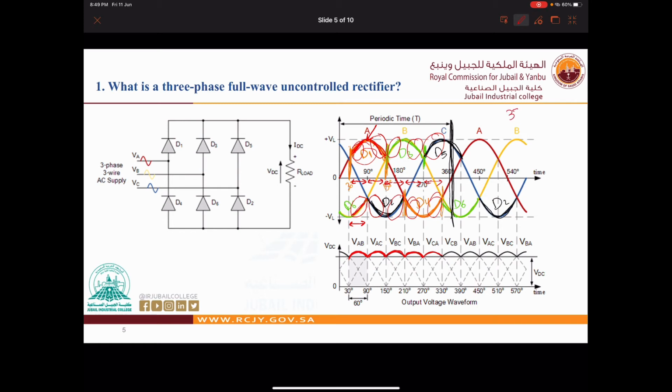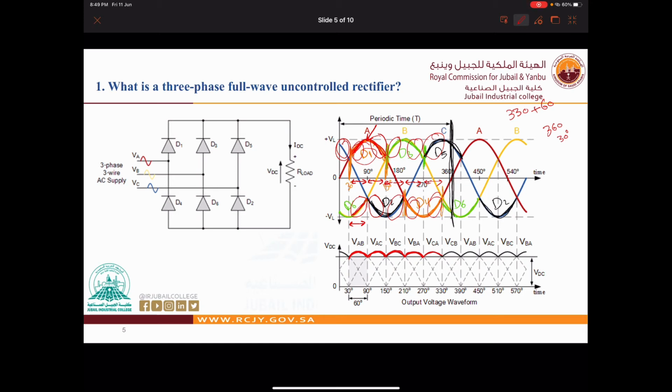From 330, we should add plus 60, and it will reach 360. So until 360, we have 30 degrees, right? And the 30 degrees that is here is the 30 degrees from the beginning. So this is D5.